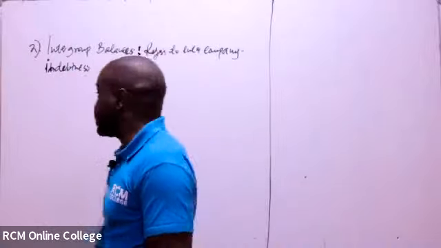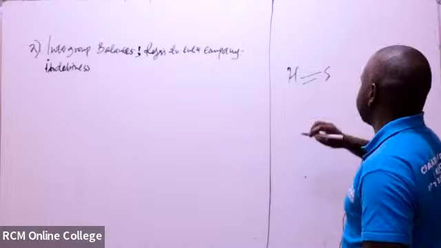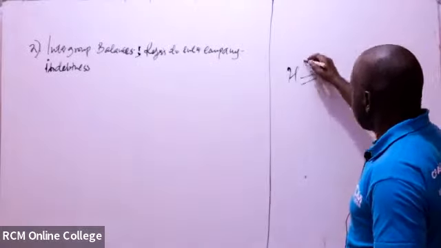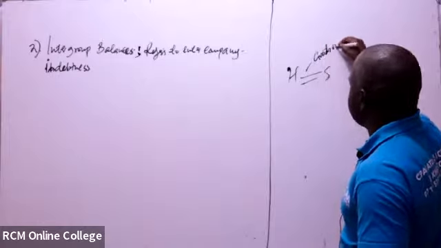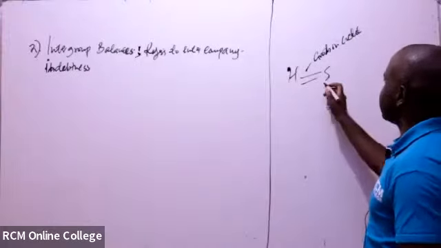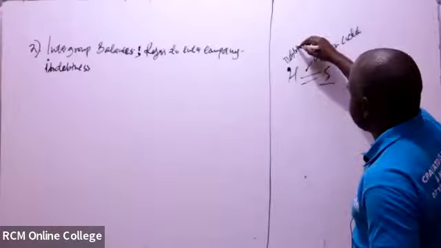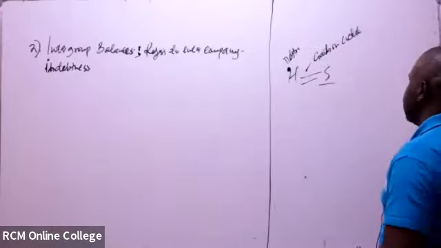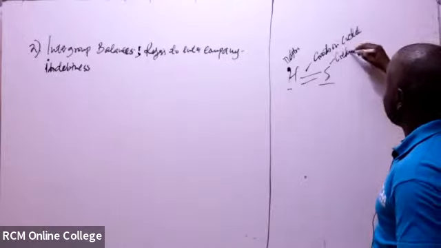So like in this case, the holding company ended up selling some goods on credit to maybe the subsidiary. And therefore this subsidiary becomes a debtor to the holding company, and the holding company becomes a creditor to this subsidiary.